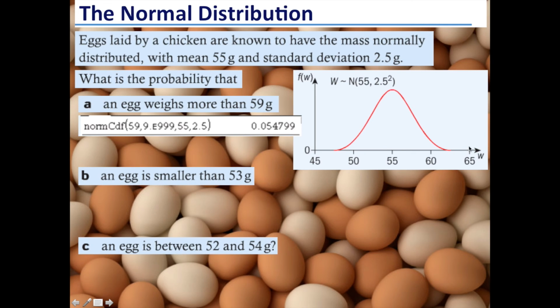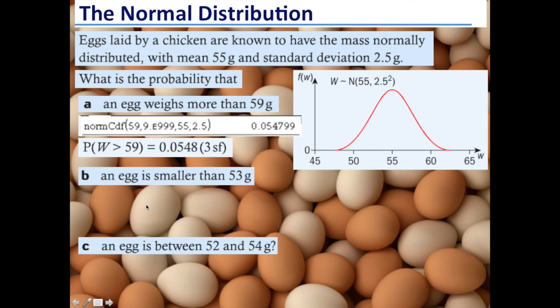So in theory, it goes to infinity. You can see even here it's very small. So we're just going to put in a very large number here, which is 9E999, to represent infinity. Our mean is 55, and our standard deviation is 2.5, and our calculator can actually just calculate that probability straight away. So 5%, and that looks about right from our initial estimate.